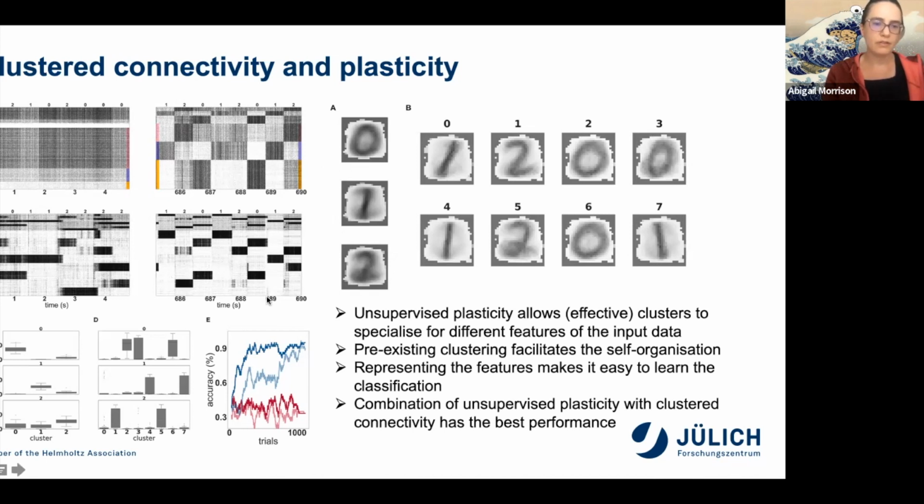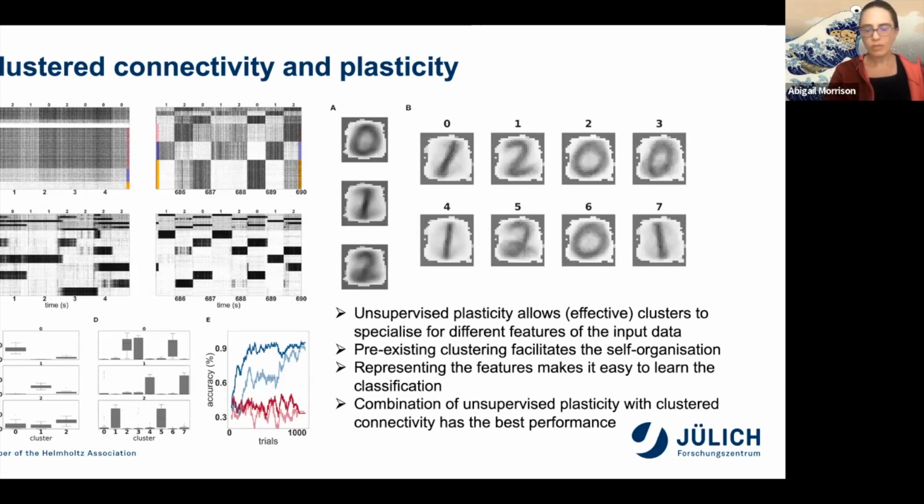The second row shows you how the network, which already has these clusters, how that behaves. And even at the beginning, you can see that the clusters are kind of turning off and on in a sort of a random way. But after it's been running for a while, so after 600 seconds, you can see that there's a very clear response to particular digits.